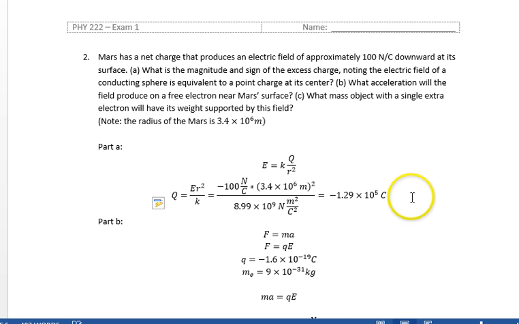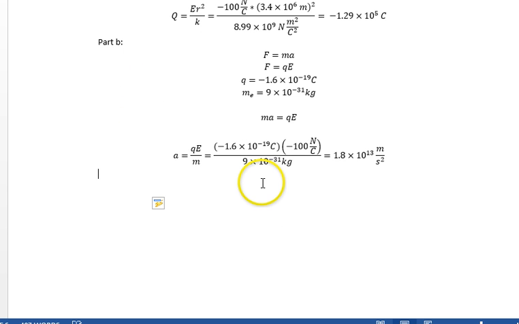All right, part C. What mass object with a single extra electron will have its weight supported by this field? In part C, we're looking at the exact same equation. By the way, this acceleration is upward because of our sign convention.